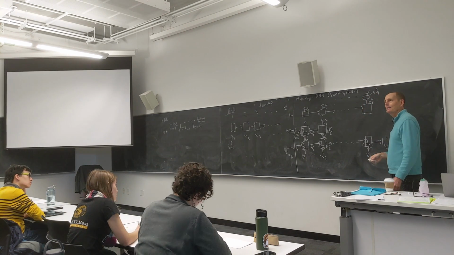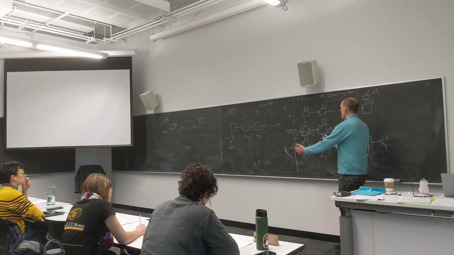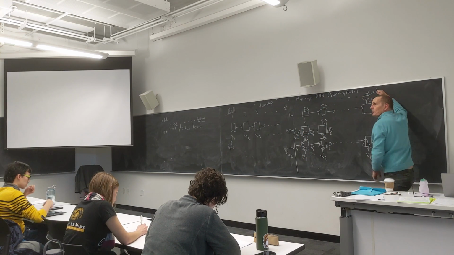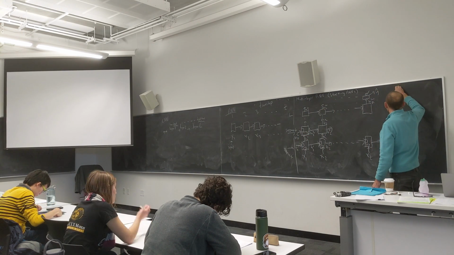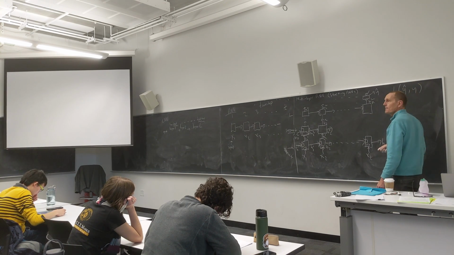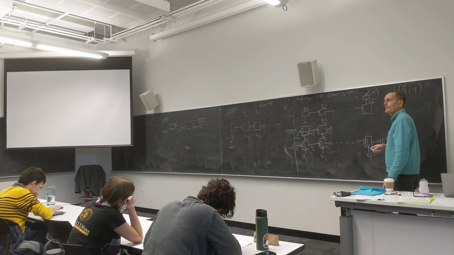Our entire y hat is what we get when we run all these time steps and layers, and here's our output. Then we have some loss based on y hat and y.